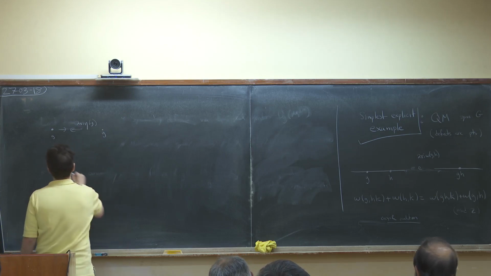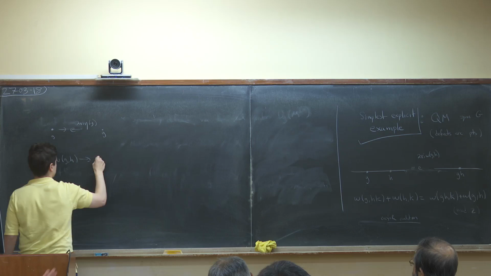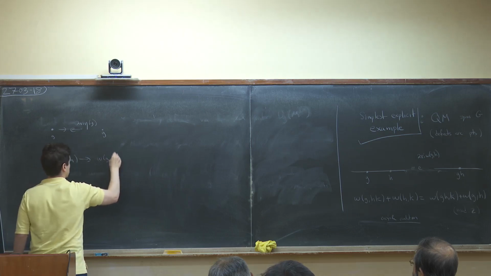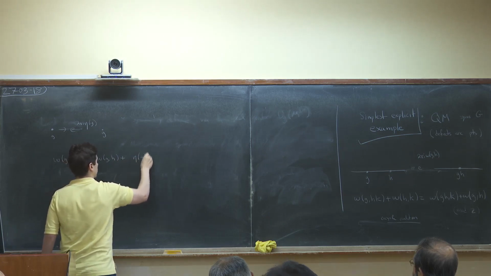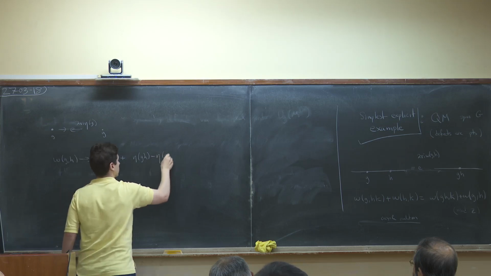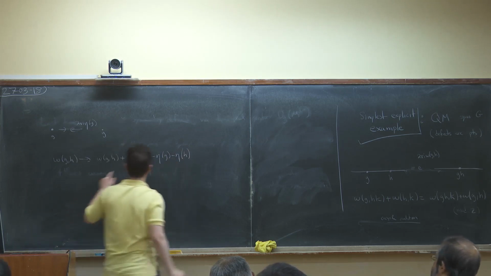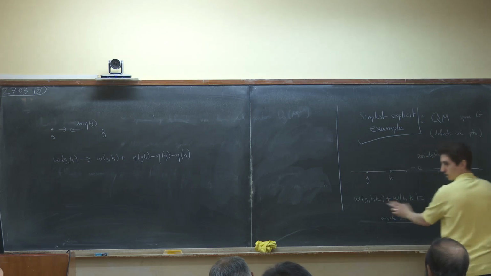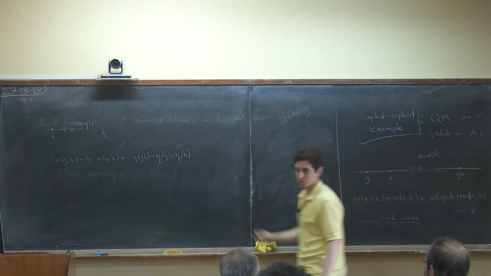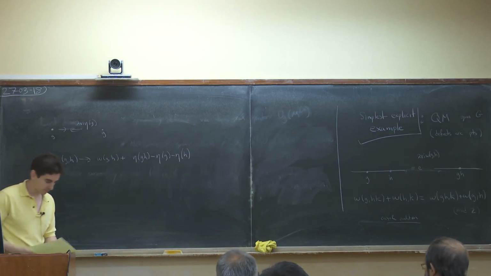And if I do this, I'll find that omega of G,H will change to omega of G,H plus eta of the product minus eta of G minus eta of H. And this kind of term will always satisfy this equation. Have people seen that before, or you believe it? Okay, you believe it.